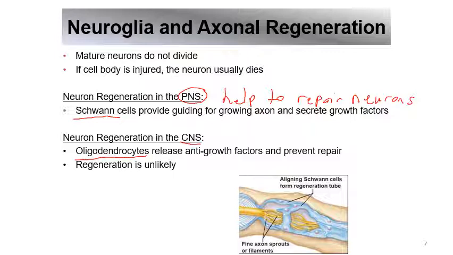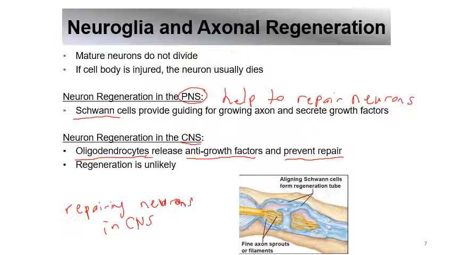Oligodendrocytes, they're in the central nervous system. They also make the myelin sheath, but they actually release anti-growth factors and they prevent repair. So this is why repairing the neurons in the central nervous system is very hard. Children's brains are more plastic, they're able to repair themselves, but oligodendrocytes are going to stop that.